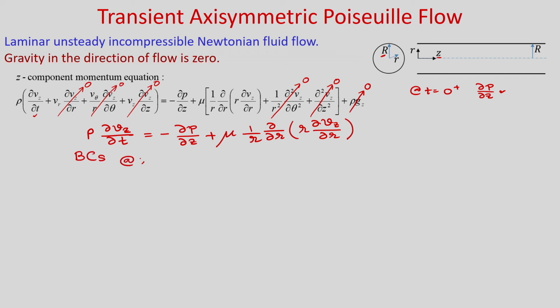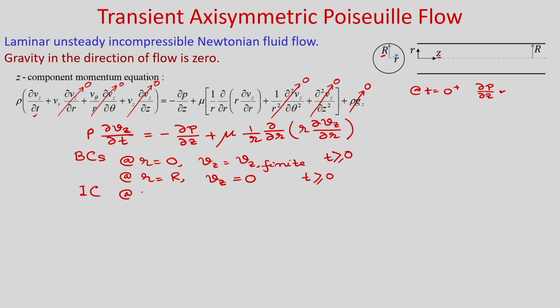At r equal to 0 you have a finite velocity, v z is finite, for t greater than or equal to 0, and at r equal to R, v z is equal to 0 because of the no slip boundary condition, for t greater than or equal to 0. The initial condition at t equal to 0 is that v z is equal to 0 everywhere.